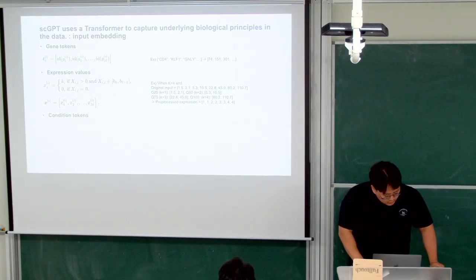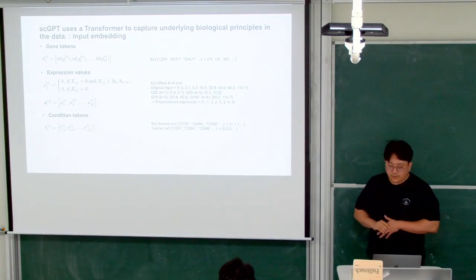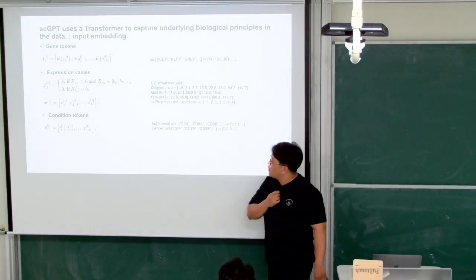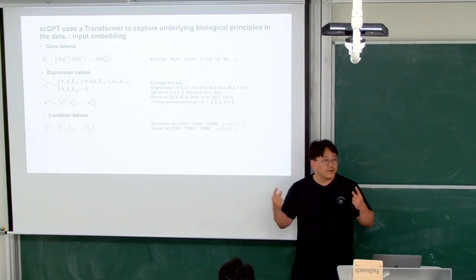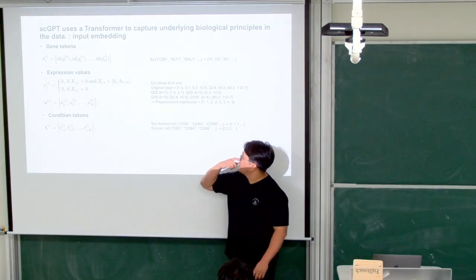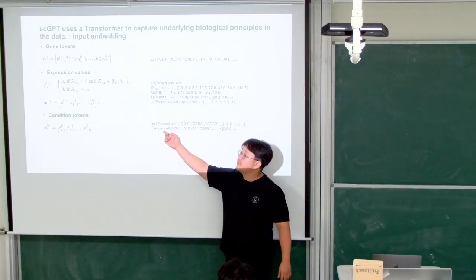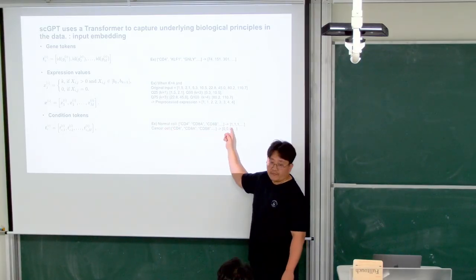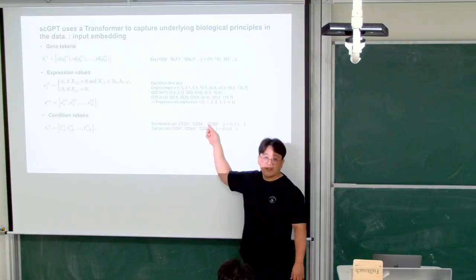And then the last is the condition tokens. As I told you, each cell has its own information, its own state. If we have a normal cell, then we can put 1 for every gene.